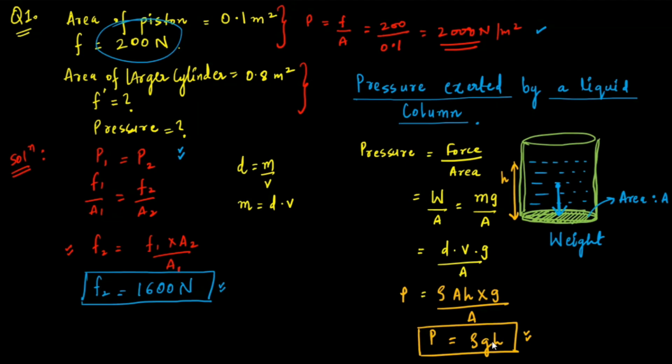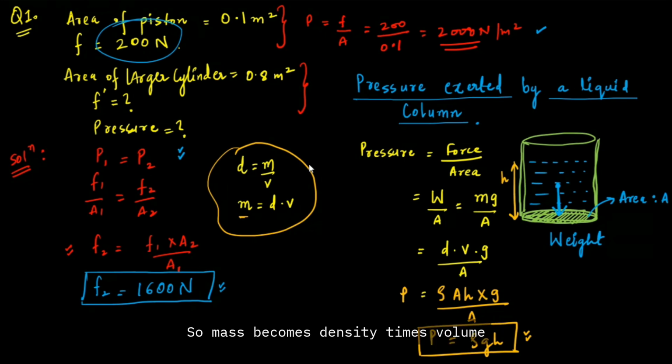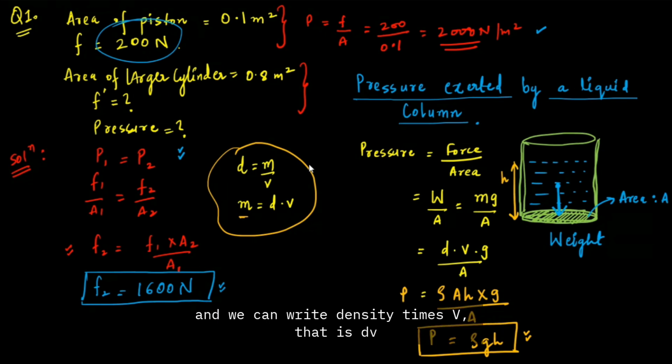Is it clear? Wait, so when you do mg over A, how does that become dVg? Oh, density is mass over volume. Exactly. So mass becomes density times volume, and we can write density times V, that is dV.